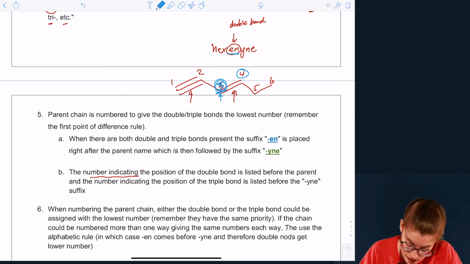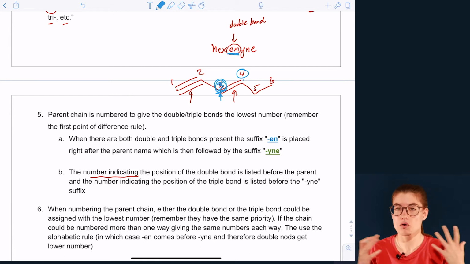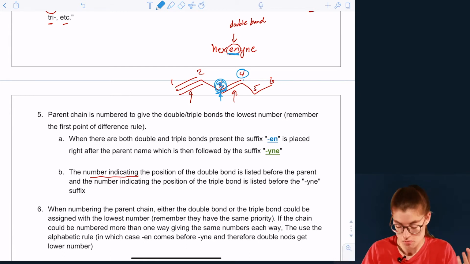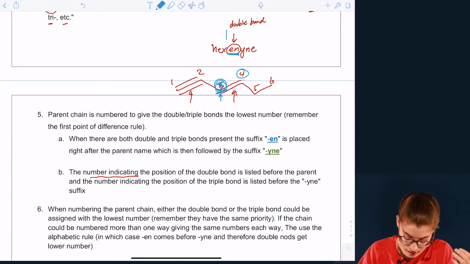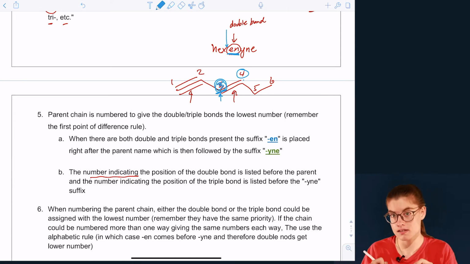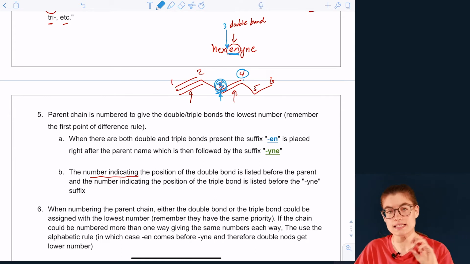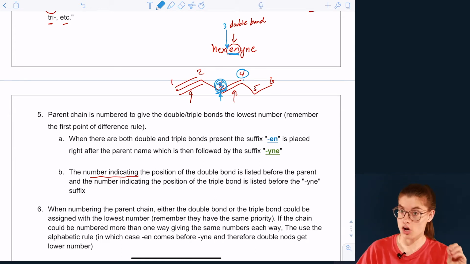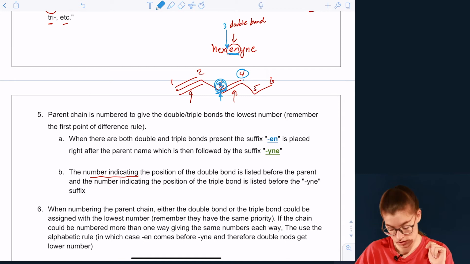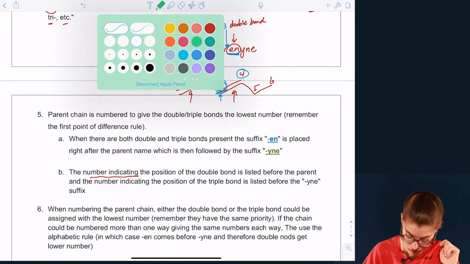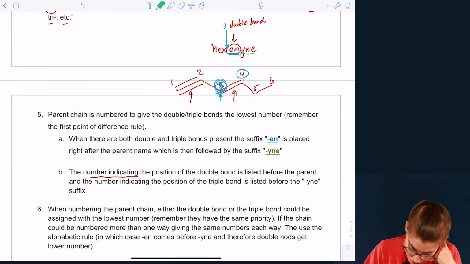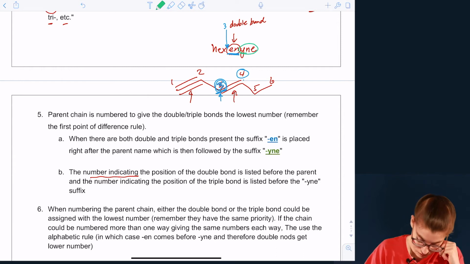So again, this tells me that I have a double bond, but how am I going to know where that double bond is? Well, usually the number will go right in front of that suffix. So I'm going to have to insert the number 3 right in there. And so that 3-ene tells me, oh, at carbon 3, you have a double bond. And then what about the triple bond? Well, here's the suffix for the triple bond, and here's our triple bond at carbon 1.